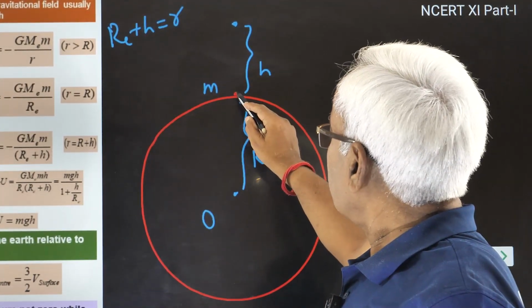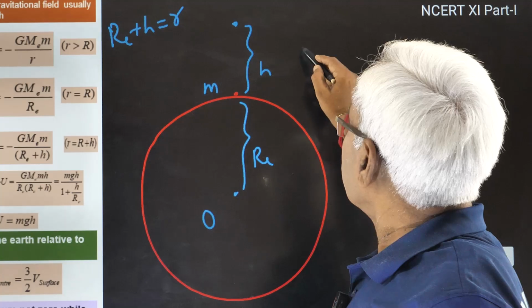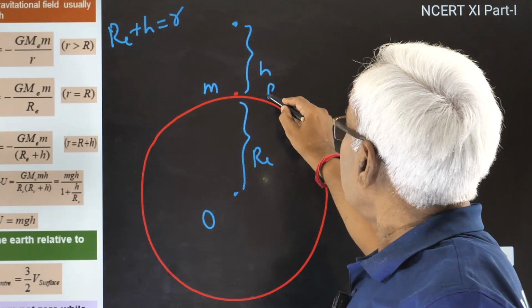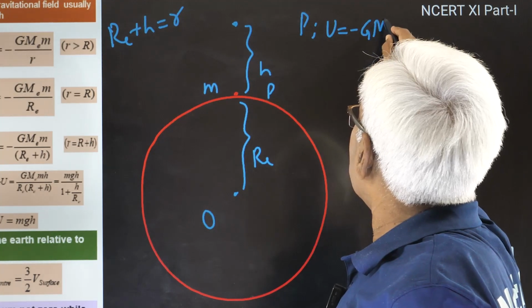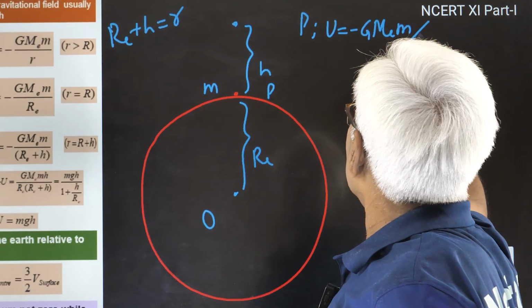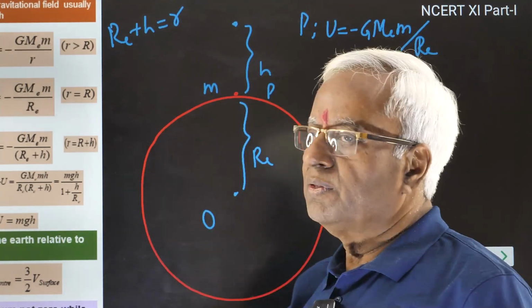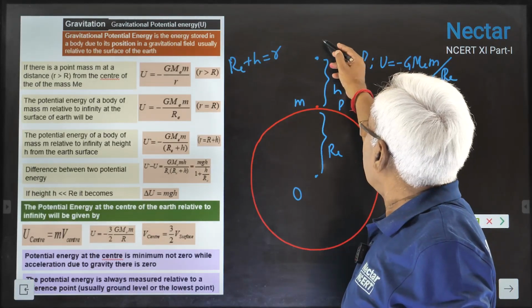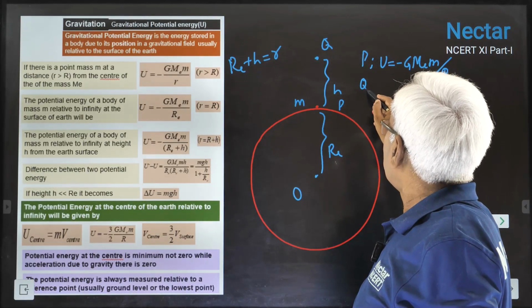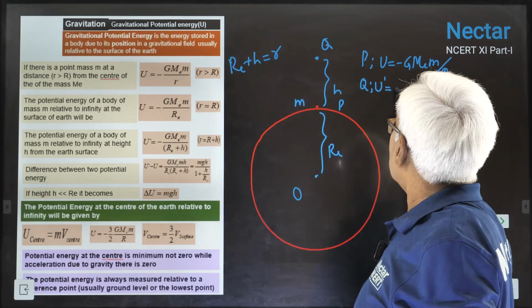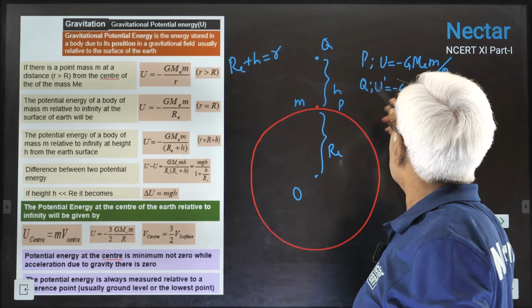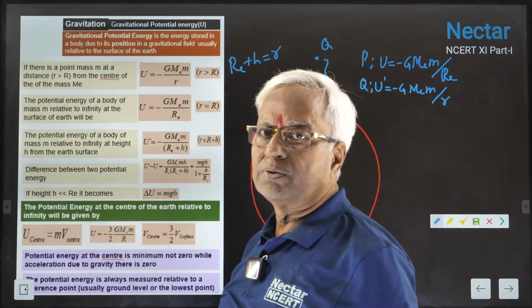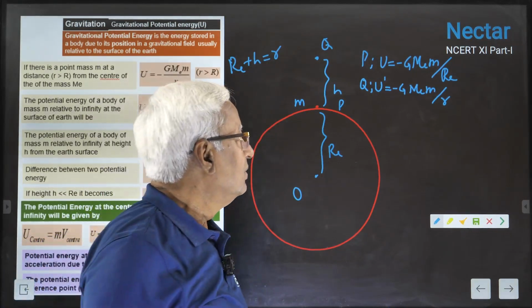When the body is here at the point on the surface, say P, the potential energy will be minus GME upon RE. Whereas at this point, say Q, the potential energy would be minus GME upon small r, that is equal to RE plus h.